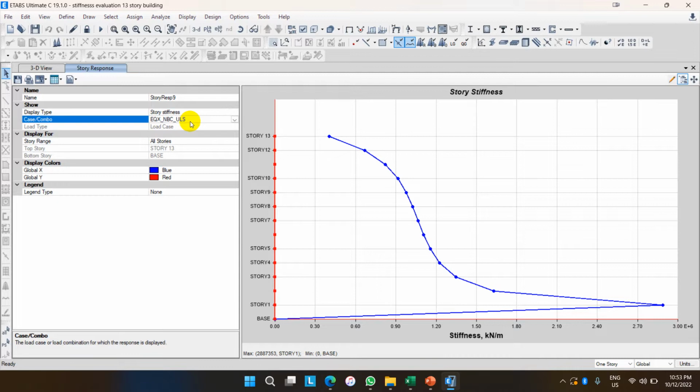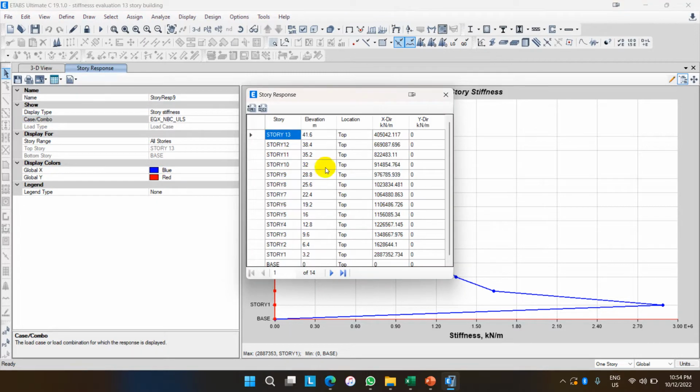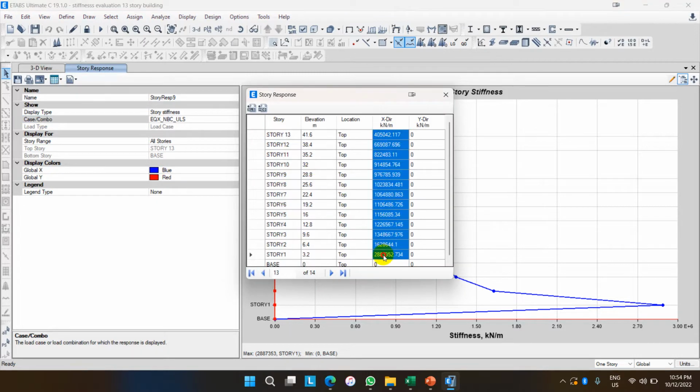For the ultimate limit state and serviceability limit state, the stiffness will be different. This blue graph shows the stiffness along the global x direction, and if we look at the values here, these are the floor-wise stiffness values ranging from story first to story 13.